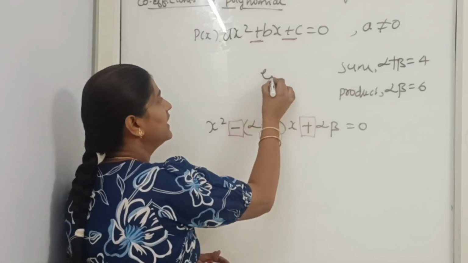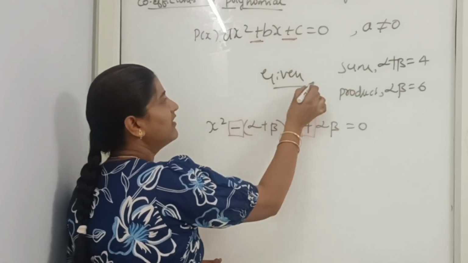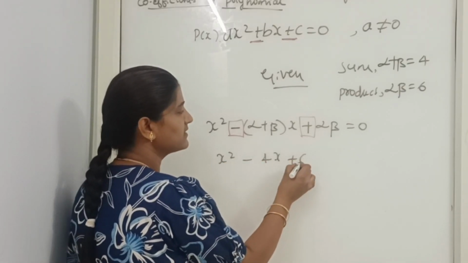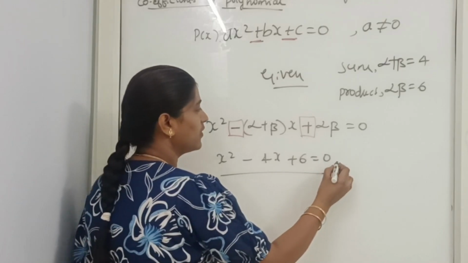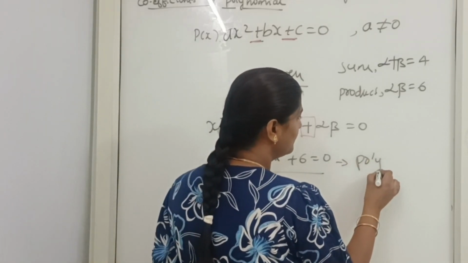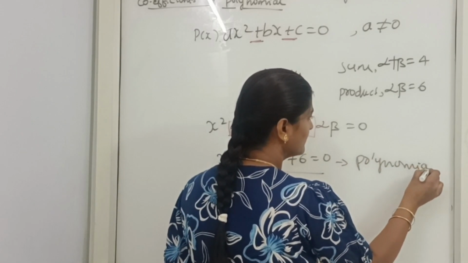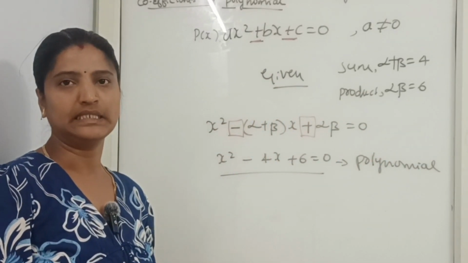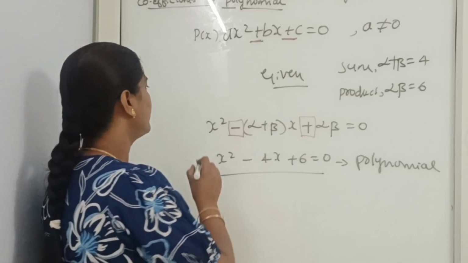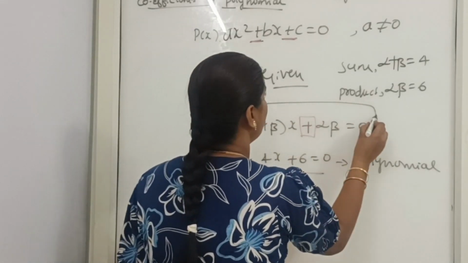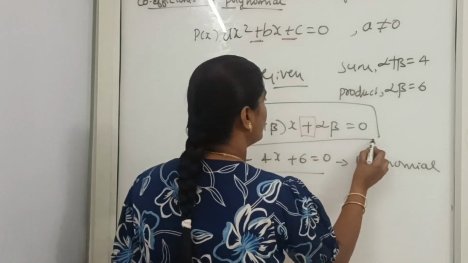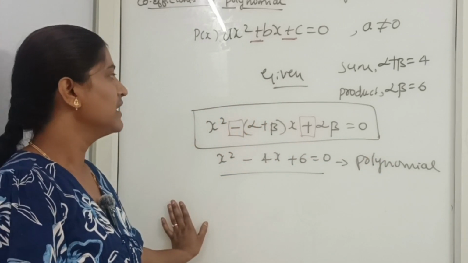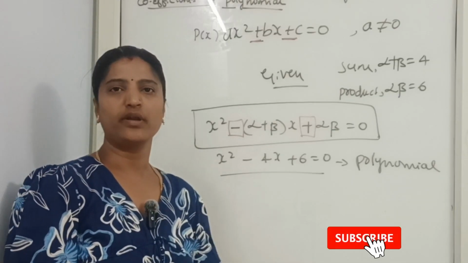They gave alpha plus beta is 4, and the polynomial is x square minus 4x plus 6 is equal to 0, generated by the given sum and product of the factors. Clear? You have to keep in your mind this form to write if they give sum and product. Clear? So this is an introduction about the polynomial.